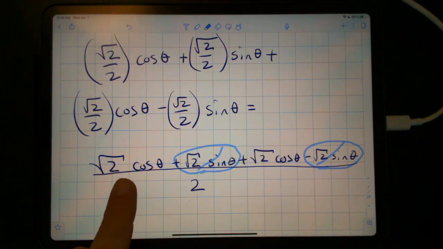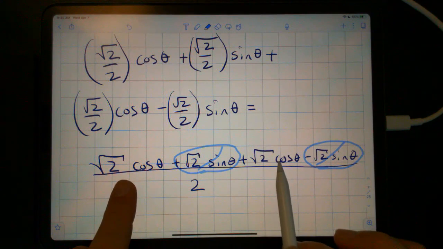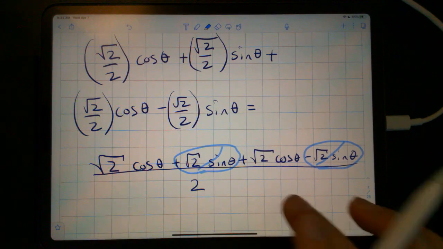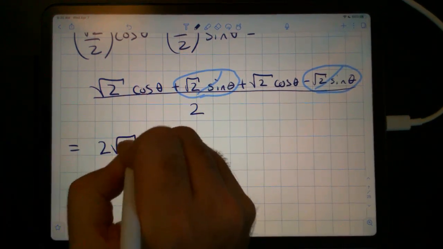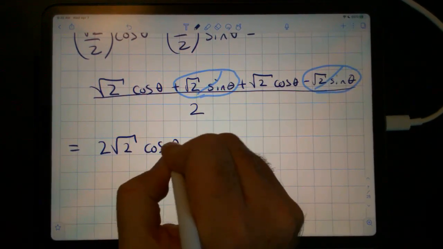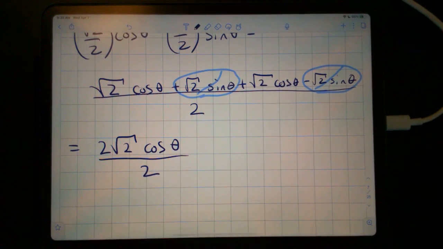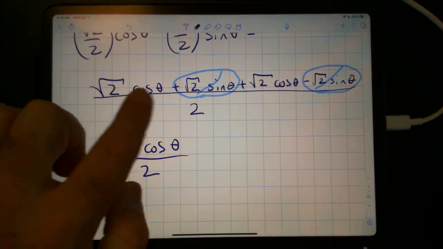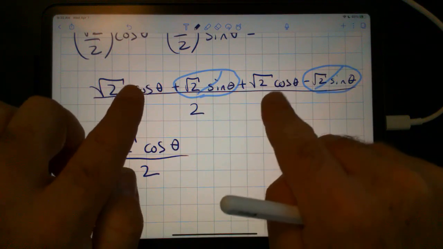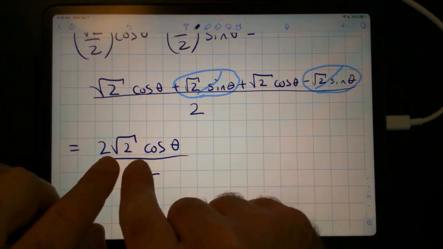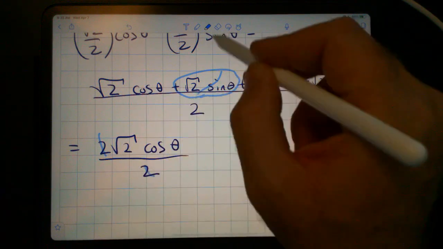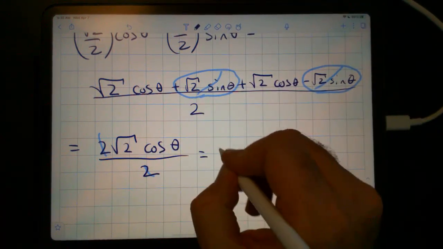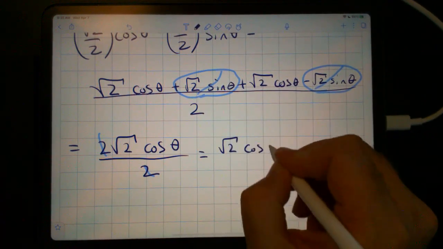We have radical 2 cosine theta plus radical 2 cosine theta divided by 2. This is equal to, because we don't exactly know what this value is, but we have 2 of them. So here we have just the numerator. We have 2 of that value. These 2 simplify, and we have radical 2 cosine theta.